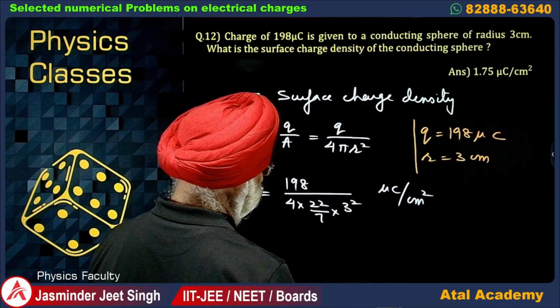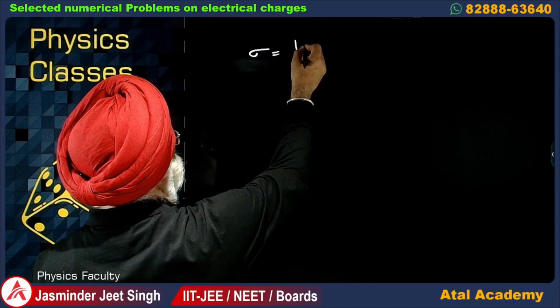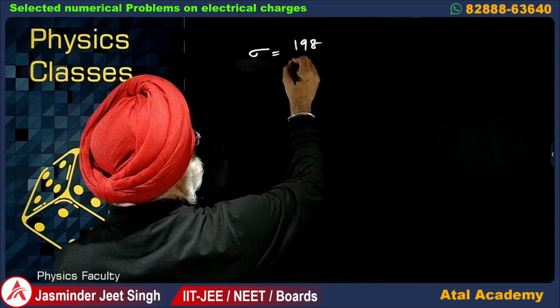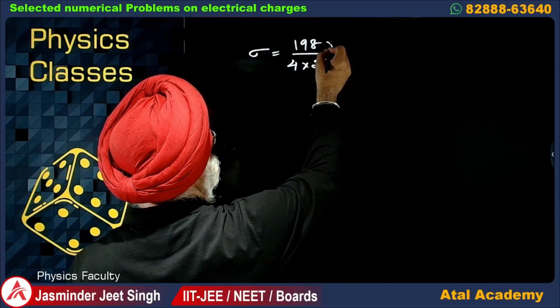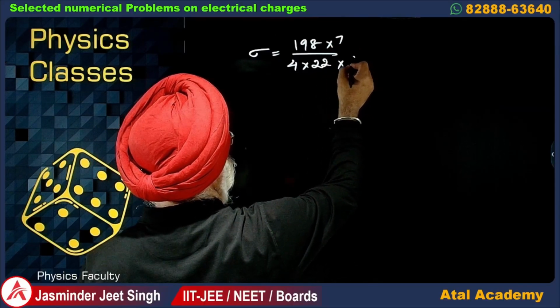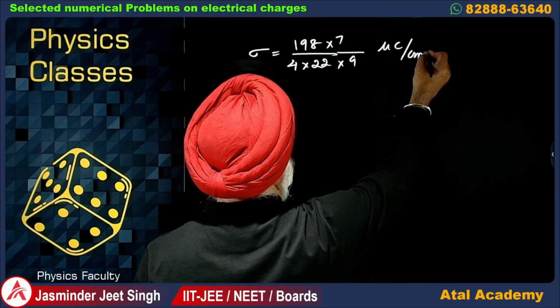We can put the values here. Sigma is equal to 198 upon 4 into 22 upon 7 into 9 microcoulomb per centimeter square.